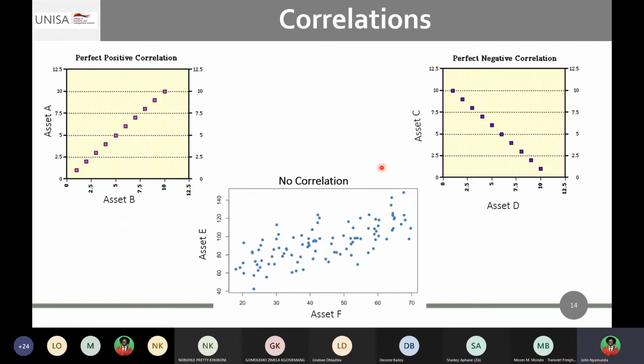Correlation is important in portfolio management because it determines how much risk you can reduce. You cannot, with great confidence, say you have a diversified portfolio if you are holding a ShopRite and a Checkers share, or a Momentum and an Old Mutual share, because we know there is a strong positive correlation.